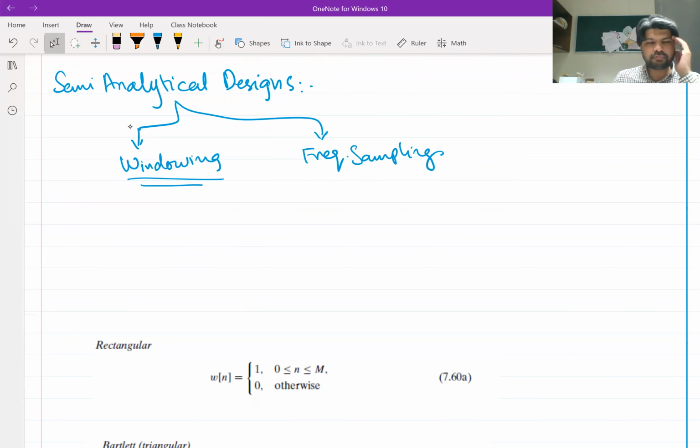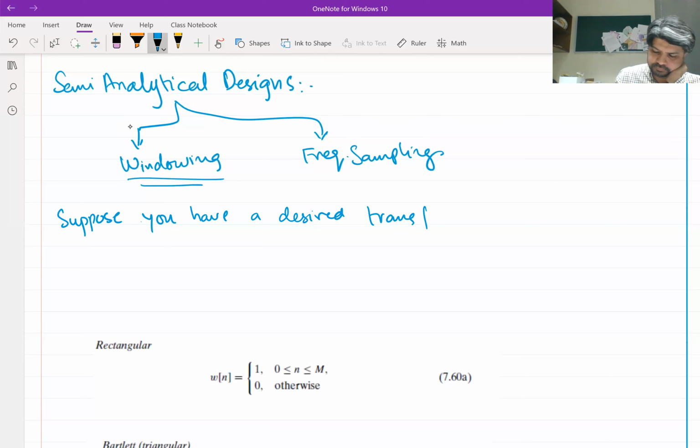So the idea of the FIR filter using windowing is very simple. Suppose you have a desired transfer function, and the desired transfer function is Hd of e to the power j omega, and you represent this Hd of e to the power j omega using the inverse Fourier transform, using the Fourier transform analysis.